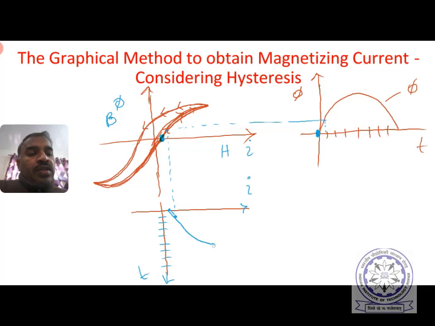It is important that in the downward portion, one instant before the flux becomes 0, you can see H or I has already become 0.